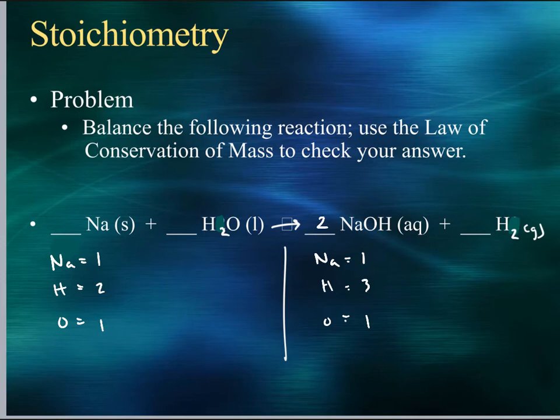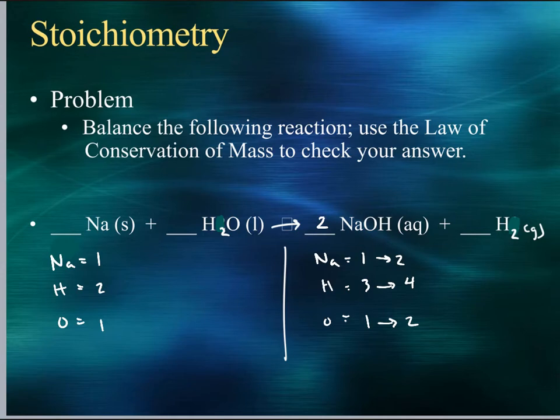So if we do that, that's going to give us now 2 sodiums. It's also going to give us, let's see, we now have 4 total hydrogens, and we have 2 total waters, or 2 total oxygens. So then we need to look at what did that do to the other side.